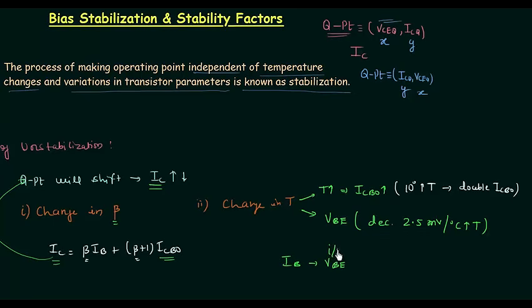VBE is the input voltage and IB is the input current, and when input voltage changes, the input current will also change. They have characteristics similar to a forward bias diode, and when IB changes, the collector current will also change. So these are the causes of unstabilization, and the next topic is the stability factor.